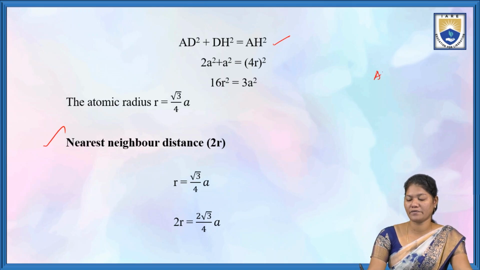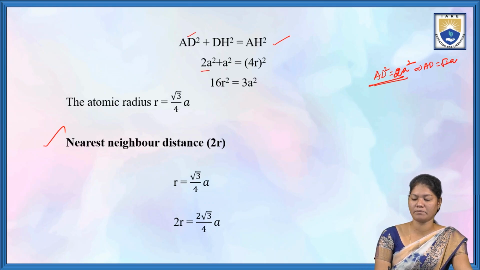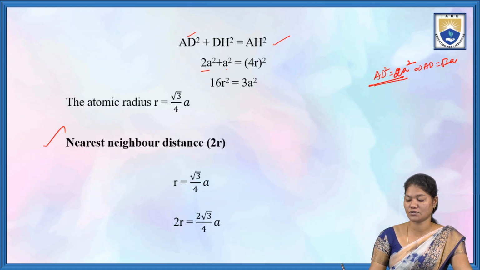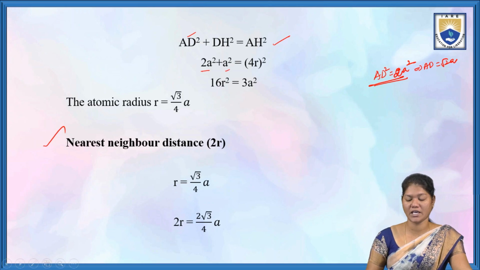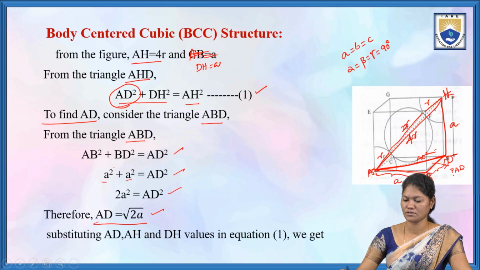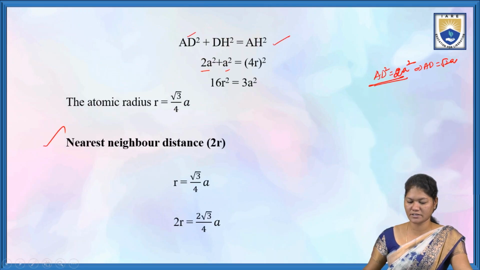AD square we got 2A square, so AD is root 2 A. But here AD square, so 2A square plus DH square. DH square has the length A square. DH is A, so DH square is A square.